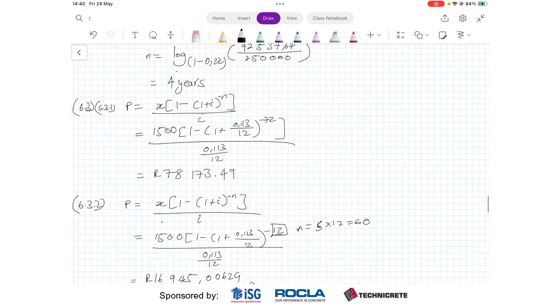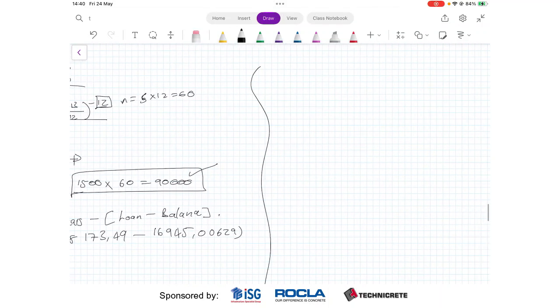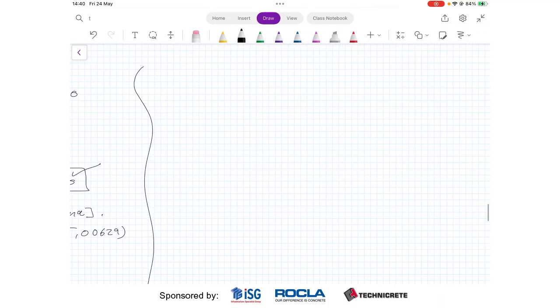So let's do that. I just want to show you how to do it in a different way. So the balance is equal to the loan amount, 78,173.49, multiplied by 1 plus 0.113.